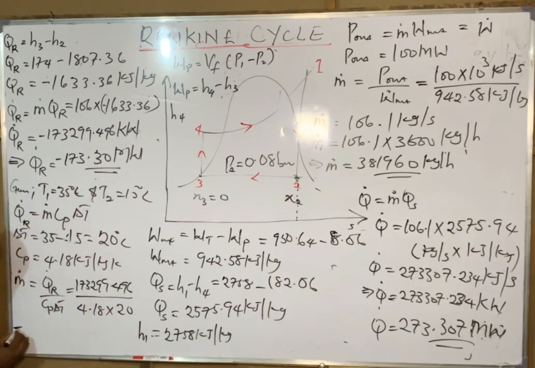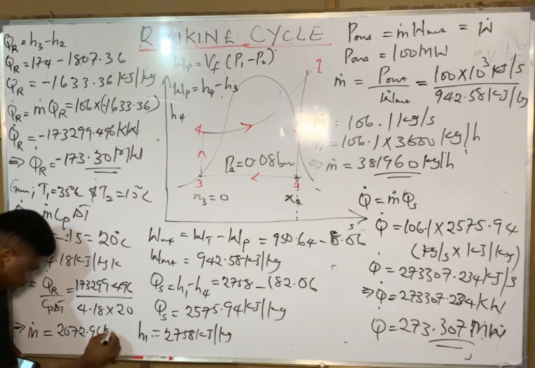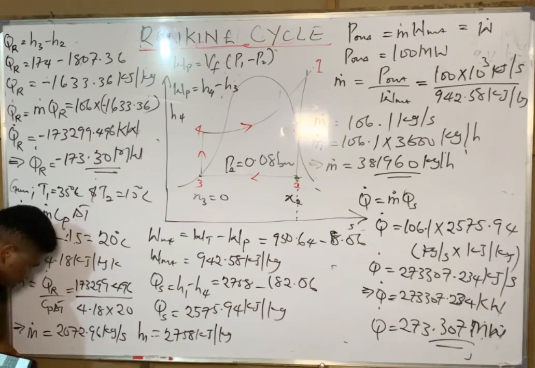This implies our mass flow rate for the heat rejection is 2072.96, and this is in kilograms per second.